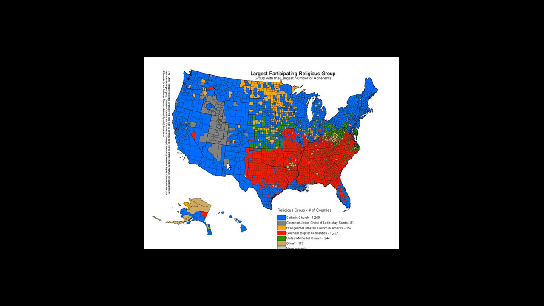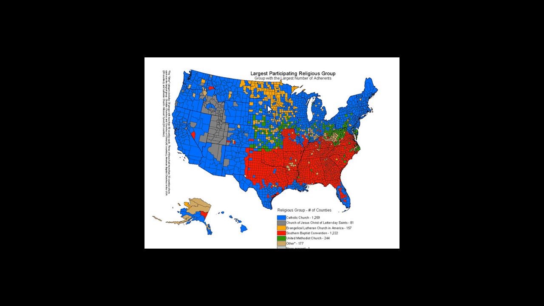The result is that they looked at the percentage breakdown in every county. And the counties are color-coded by either the majority branch of Christianity or in some cases the plurality. So in other words, what's the dominant or the one group that has the largest number of adherents?